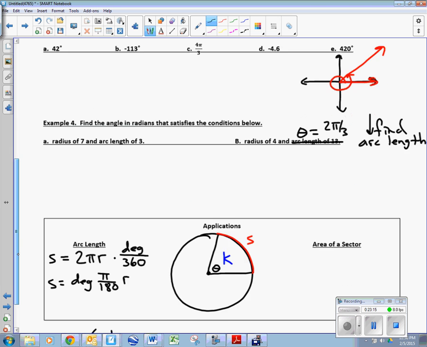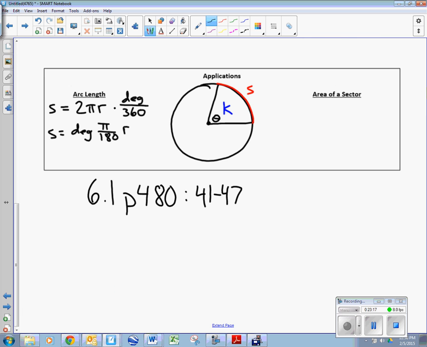I could get rid of this bulky formula and get a nice, easy formula. S is equal to r times theta, where theta is in radians. So this is my new formula. Super easy compared to the other one, isn't it?